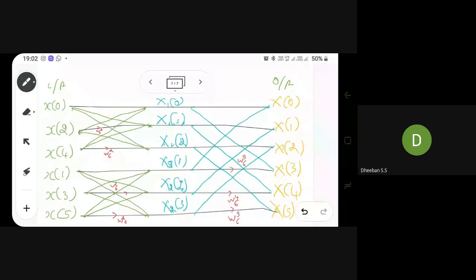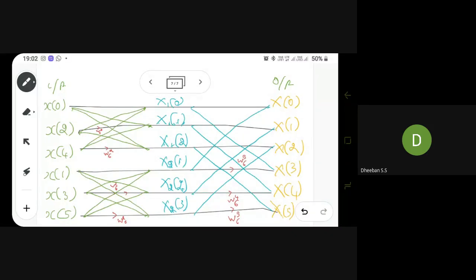Okay. There is the diagram. And this part will be, okay.